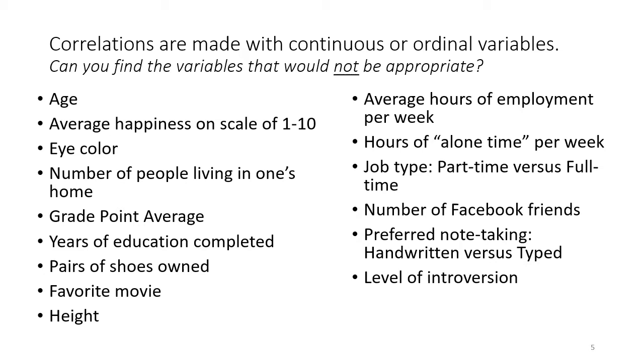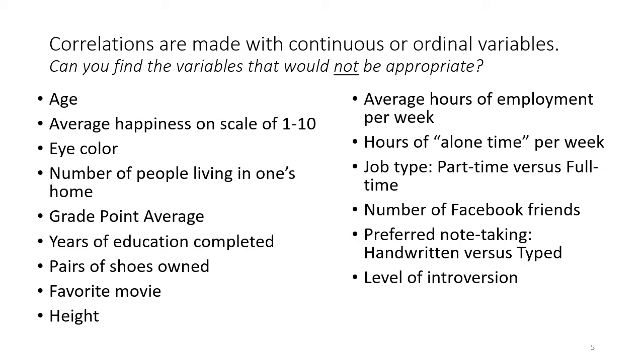And so below you'll see a list of variables. The only kind that really aren't suitable for a correlation are nominal variables, variables that just differ by name, and it doesn't matter the order that they're placed in.